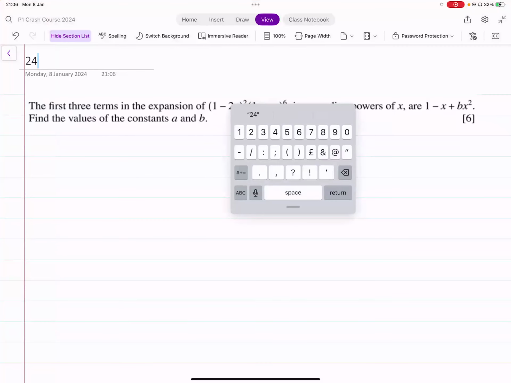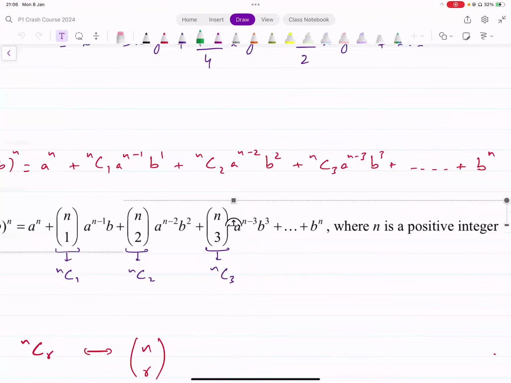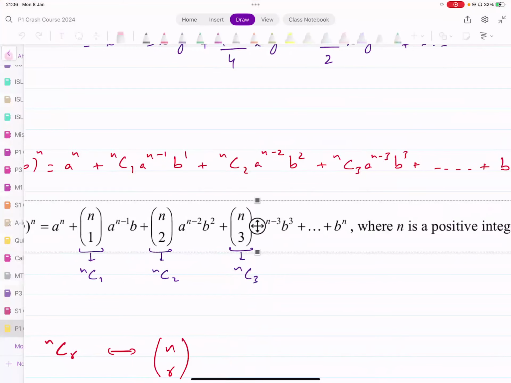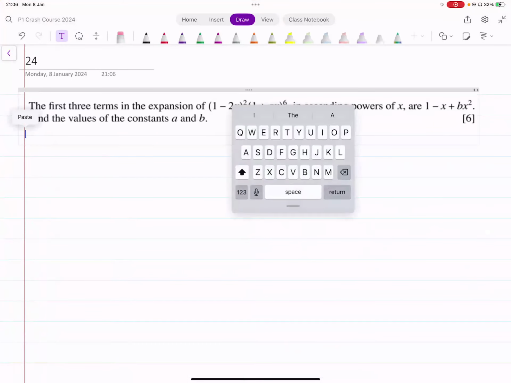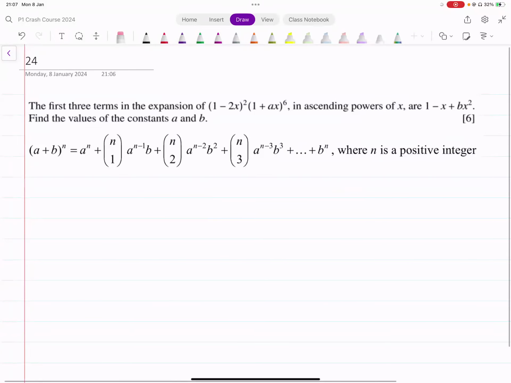Okay, question number 24 from the worksheet. Let's have a look at this now. Let me copy the formula here. Okay, so we'll keep this formula in front of you.